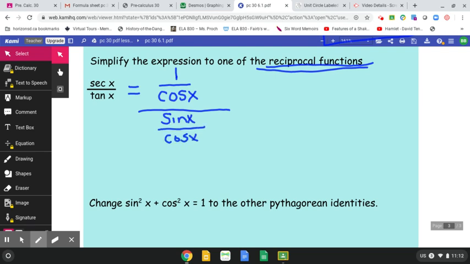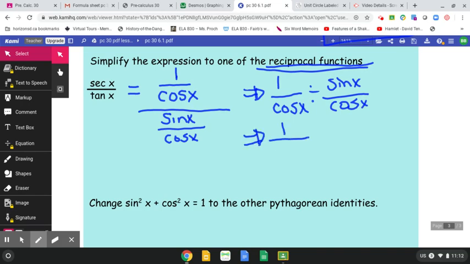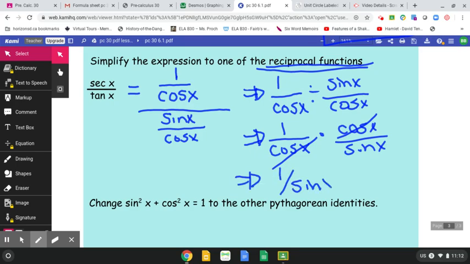All right, so again, I like to write it laterally, so like this, divided by sine x over cos x. And that is like inverting and multiplying times cos x over sine x, which is lovely because those coses cancel and you get 1 over sine x.